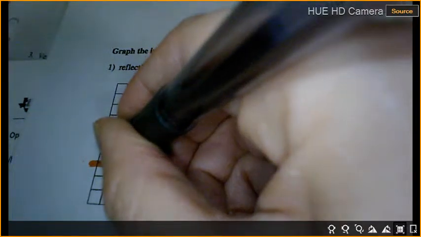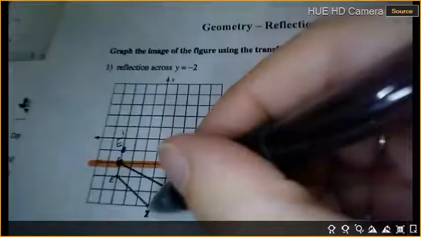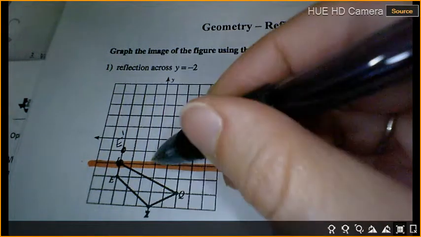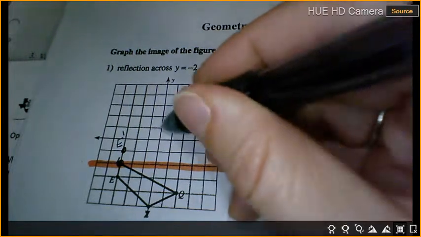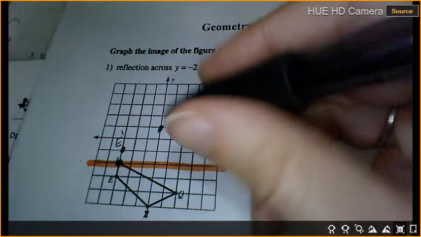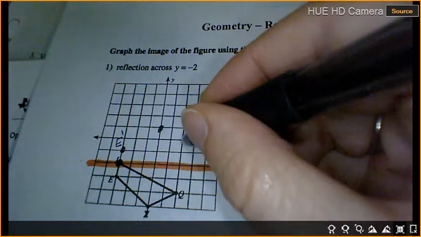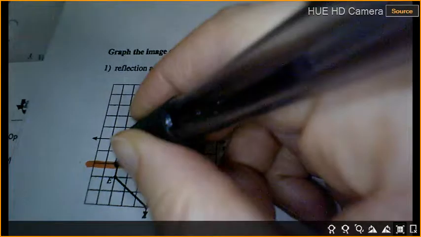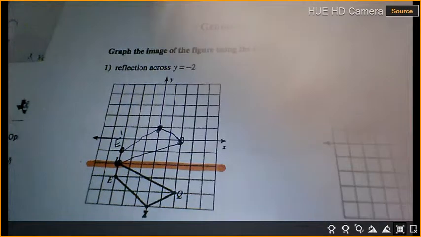E is 1 away. This is my new E, my image E. If we look right here, this is 1, 2, 3. So we go 1, 2, 3. We're 2 away for Q. 1, 2. So we make our new shape right here. That's my image.